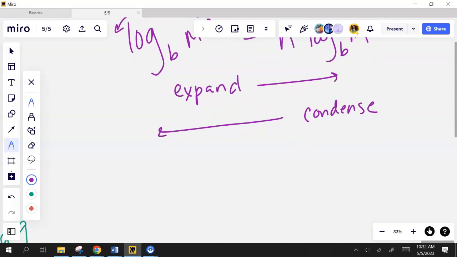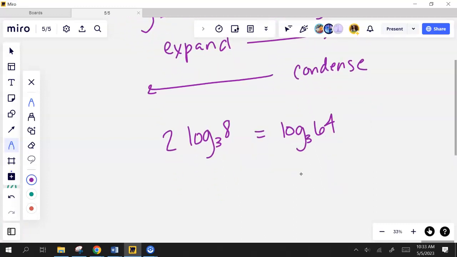So the first one says condense 2 log base 3 of 8. What would that look like? 8 to the second or 64, either one of those would work, right? The expanding one looks a little worse, but at the end of the day, it's really not.